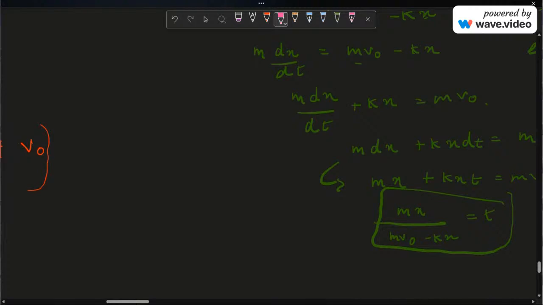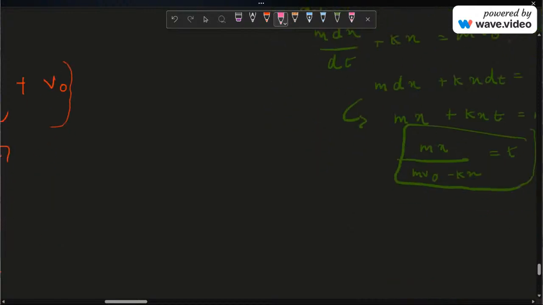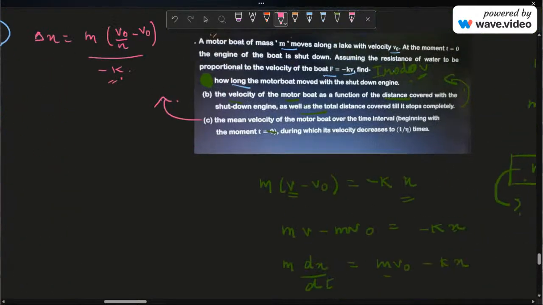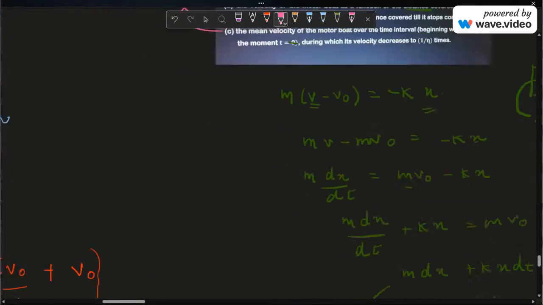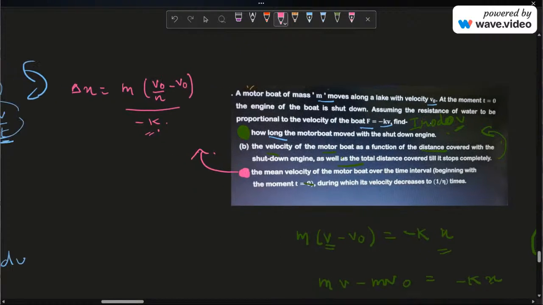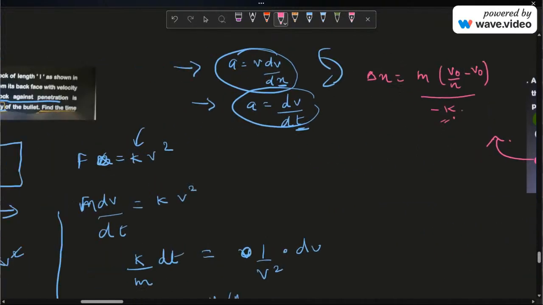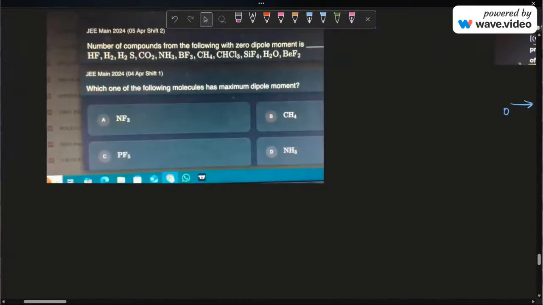So that is as a function of x. So I have to find out t as a function of velocity, dv by dt, 1 upon v. So as a function of velocity, it will be difficult. So because we were not able to solve the A part, the C question was also not solved. I'm sorry, but let us move to the next question.